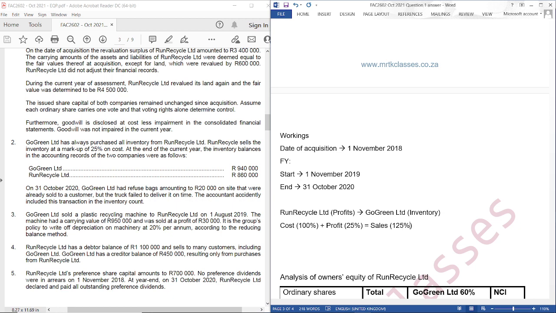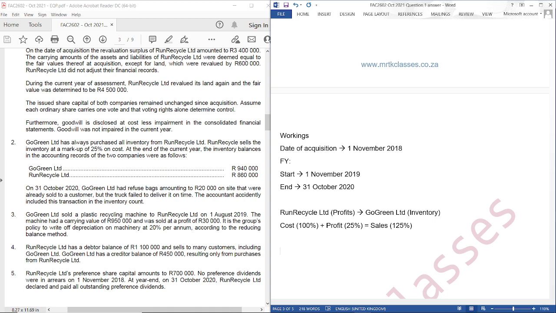So Run Recycle Limited is selling inventory to Go Green Limited, which means that inventory is being transferred from Run Recycle Limited to Go Green Limited at 125%. So the inventory that is in the books of Go Green Limited is at 125%. If we want to calculate profit, we are going to say 25 divided by 125 multiplied by our inventory.